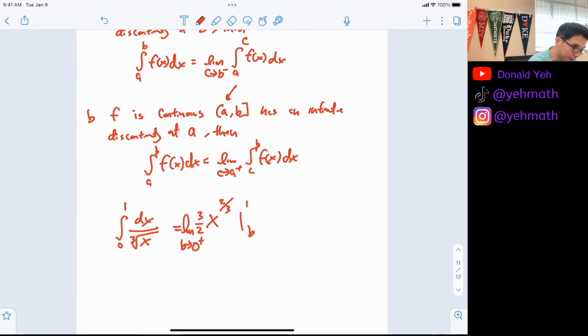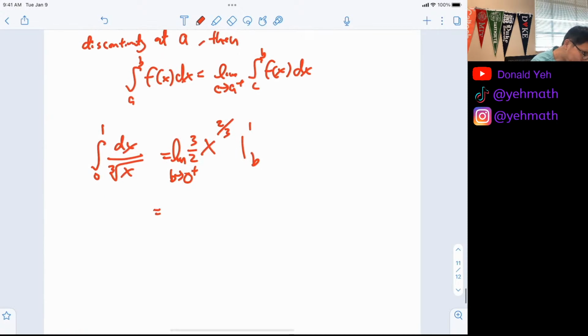So instead of going to infinity, I can approach from the positive side. So therefore it's the limit as B approaches 0 from the positive side. I'm going to plug in 1.